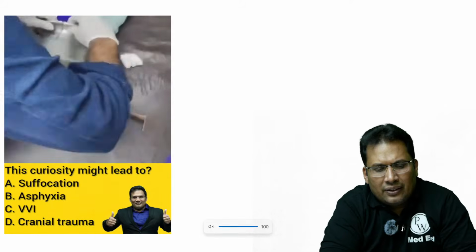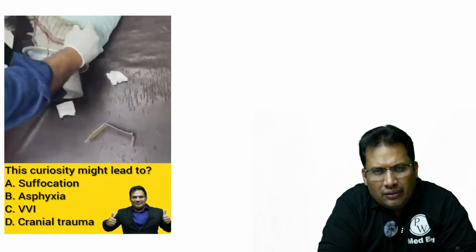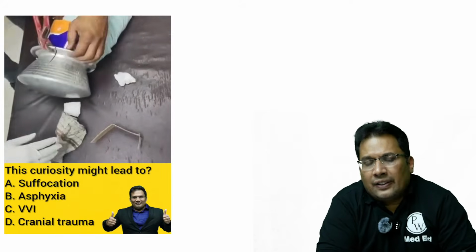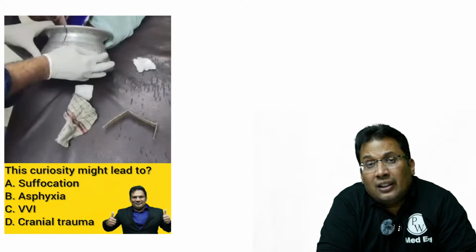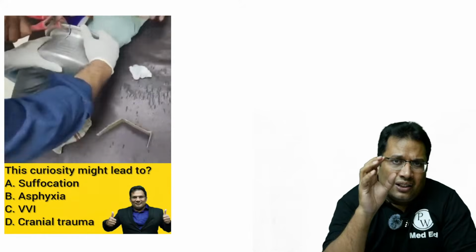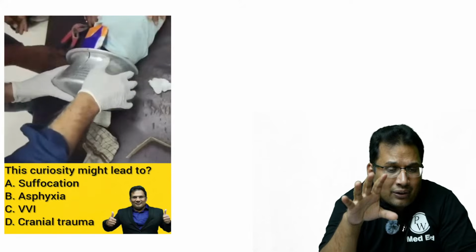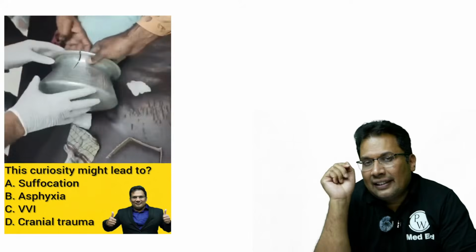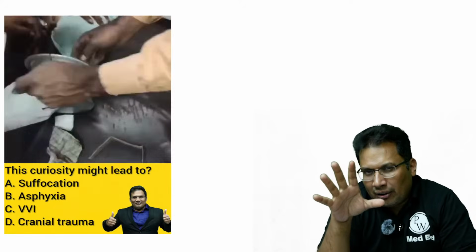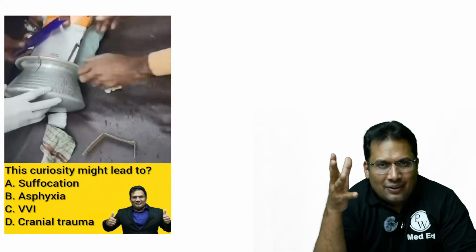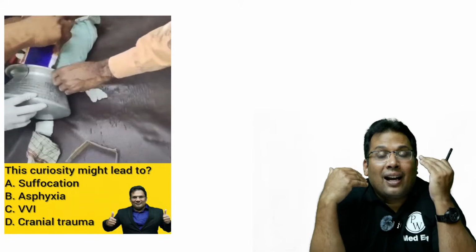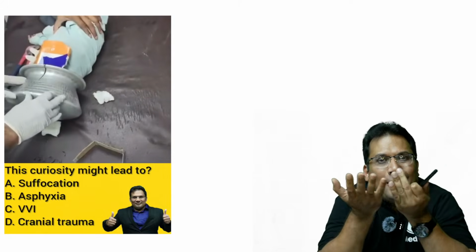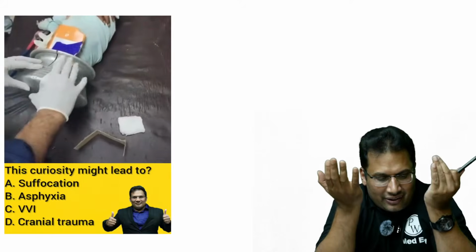Now the next question. In this case, the child came with a history of asphyxia, that is difficulty in breathing. The child's head is entrapped in a steel vessel while playing. So when head is entrapped in a closed space, what does it cause?